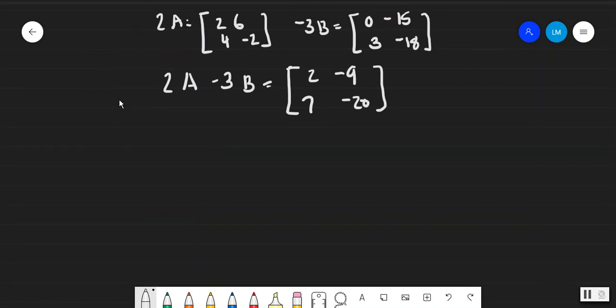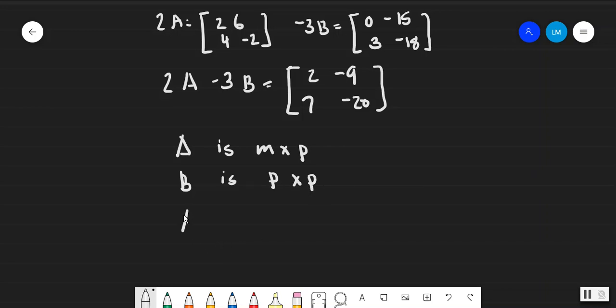But the other thing that we can look at, for example, is how do we multiply matrices? So let's say that you have that A is m by p, and let's say that B is p by n.